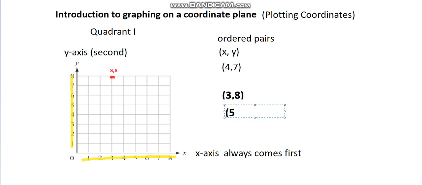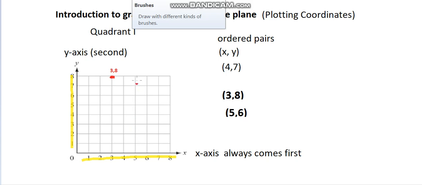Let's try the ordered pair of 5 and 6. We have to be mindful because if we don't start with the right axis, we're going to end up plotting the wrong point. So again, I'm going to start with my x-axis, 5. So I know it's going to be along this line, 5, somewhere here.